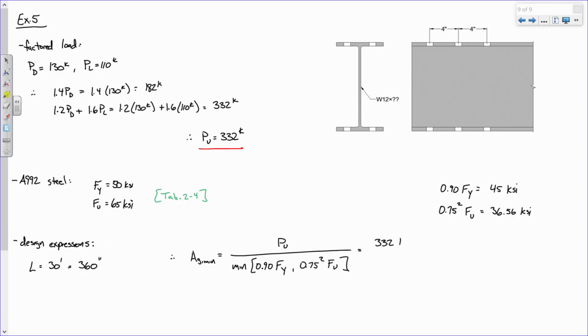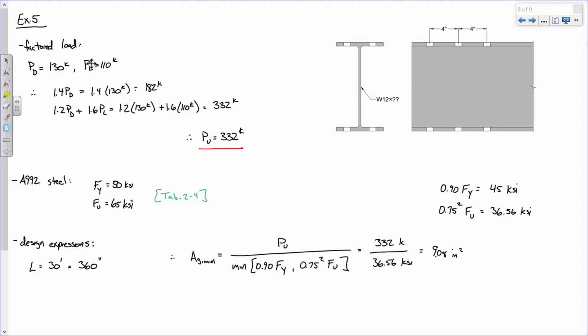So 332 kips over 36.56 KSI, that equals what? 9.08. Do I have a second on that? Yep. All right, and that's square inches.